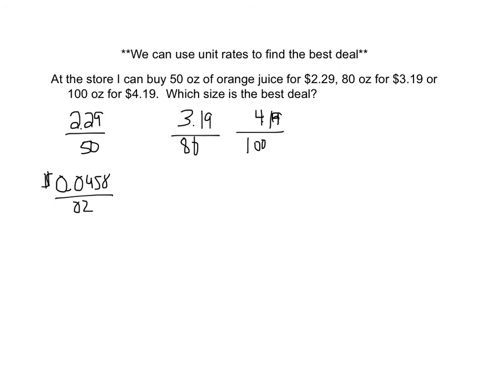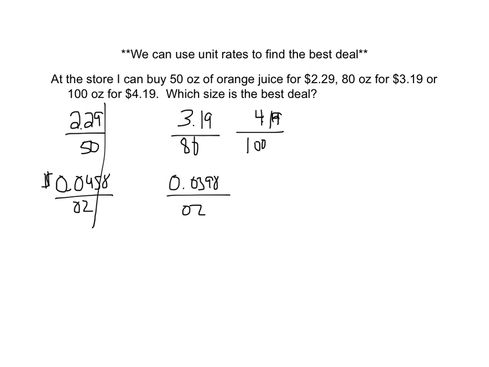Now when we look at $3.19 and divide it among 80 ounces, we get 0.0398 per ounce. So between the two of these, the 80 ounces is the best deal.